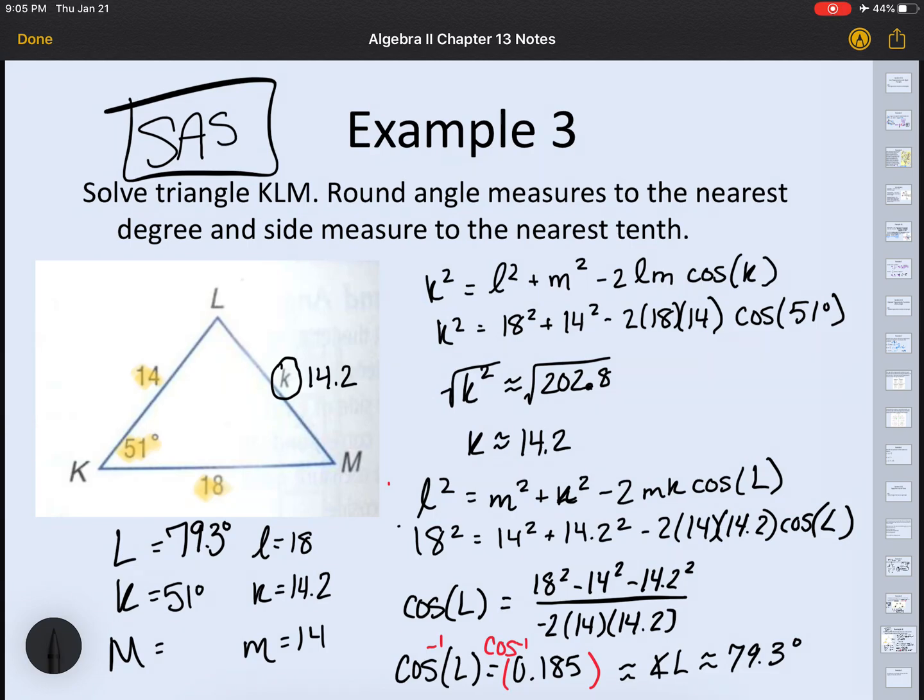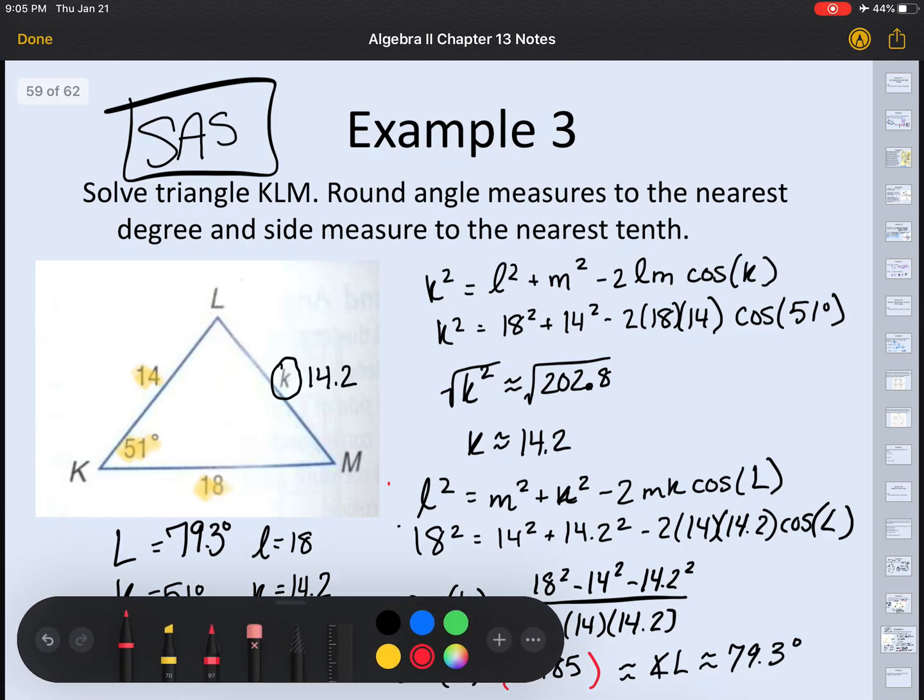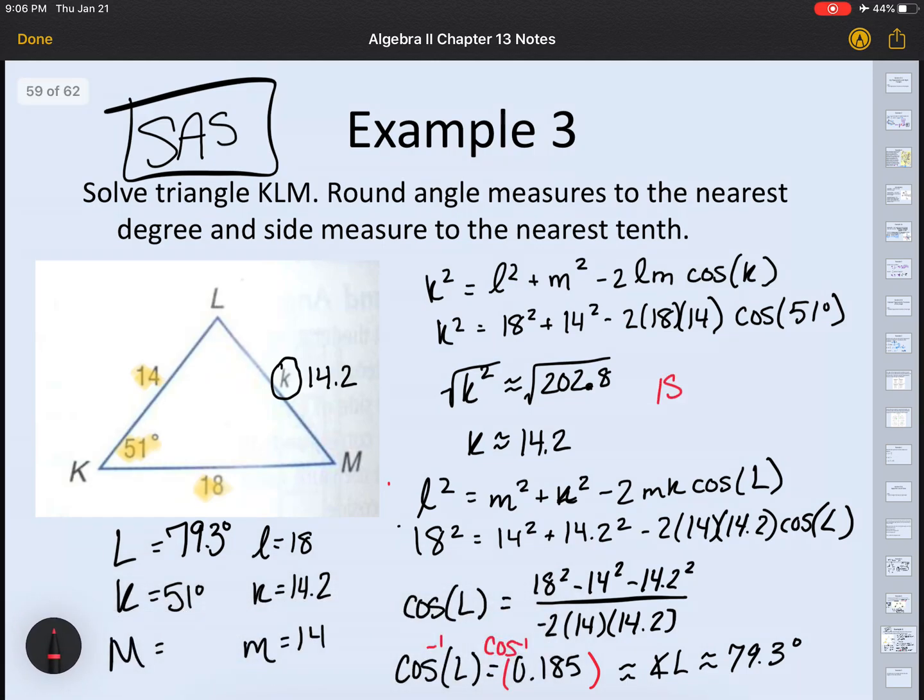And the last thing we could do is add those two angles together, L and K, and subtract it from 180, because the whole triangle is equal to 180 degrees. So 79.3 and 51 degrees is 130.3 degrees. So when we subtract those, we get 49.7 degrees.